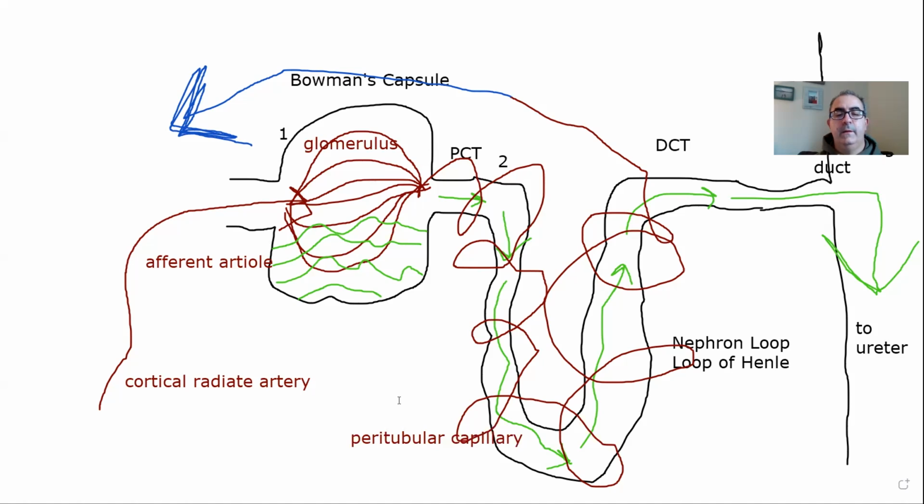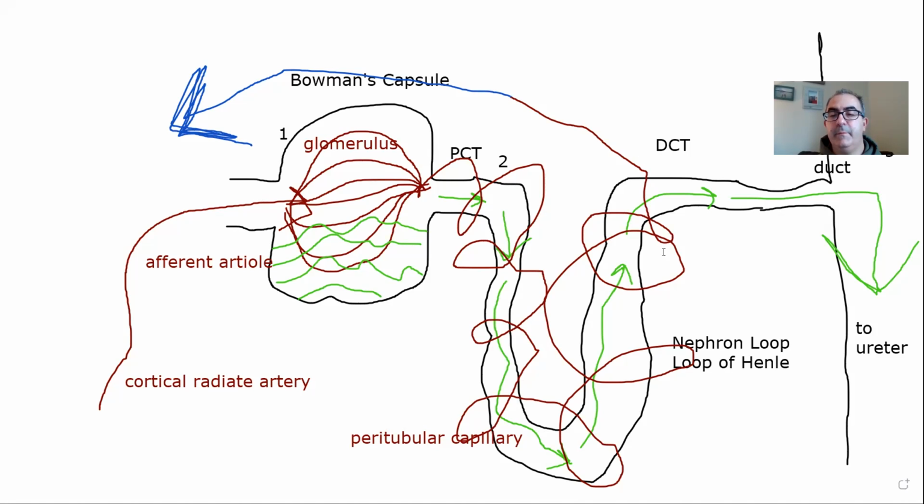Peritubular. Peri means surrounding, tubule, so it's surrounding the tubule, and it's a capillary. So the role of the peritubular capillary is that as fluid is moving through this nephron, the peritubular capillary is reabsorbing a lot of those nutrients that got filtered out.